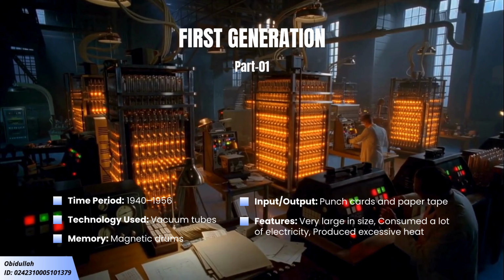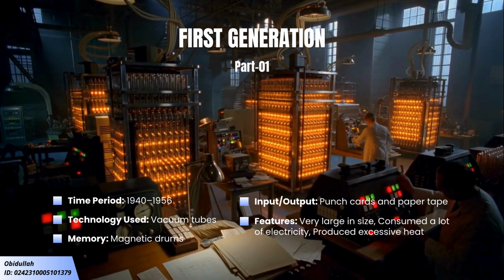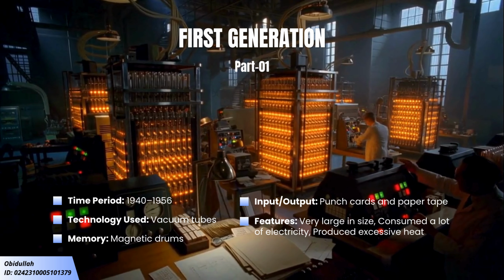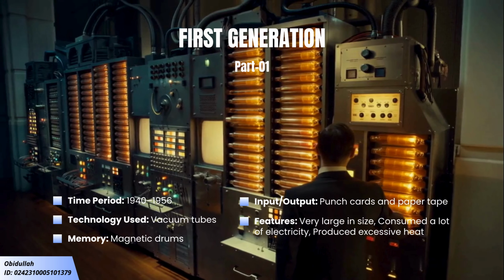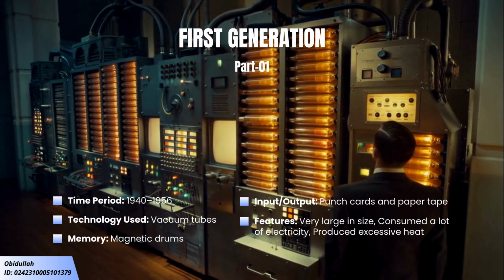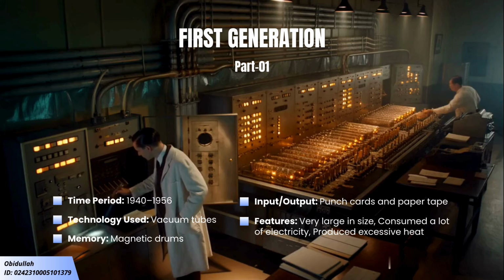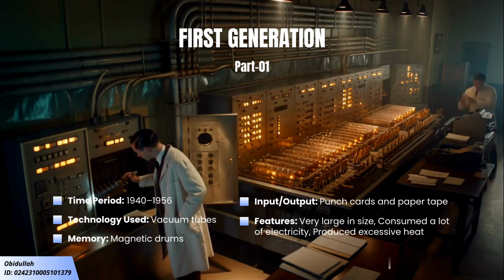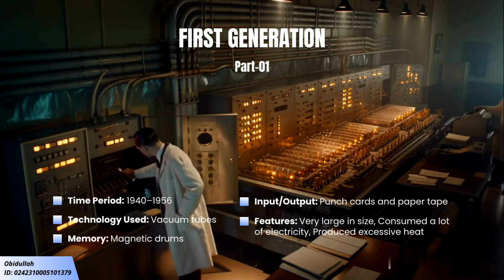The first generation of computers, developed between 1940 and 1956, marked the beginning of electronic computing. Those machines used vacuum tubes as the main processing technology, which act as switches and amplifiers for data processing. For memory storage, they relied on magnetic drums, which could hold a limited amount of data compared to modern standards.